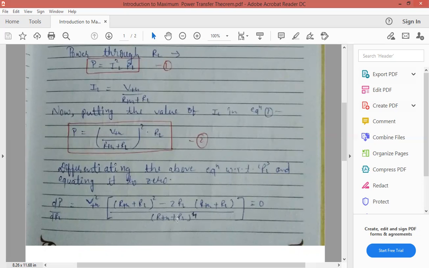How do we get this expression? We can write P equals VTH square into RL upon RTH plus RL whole square.